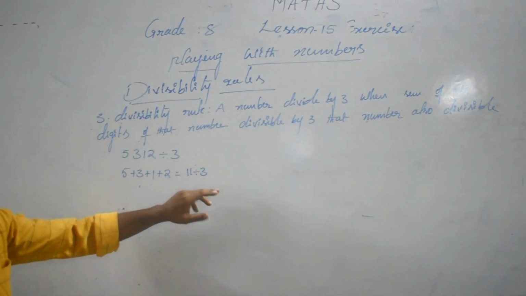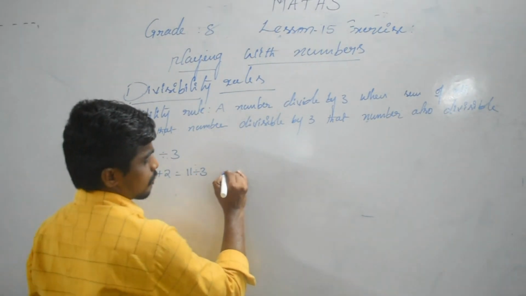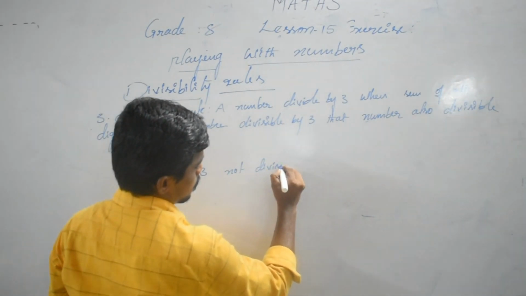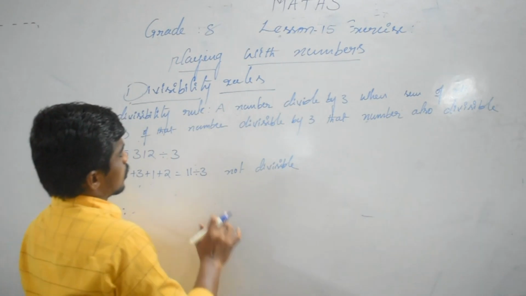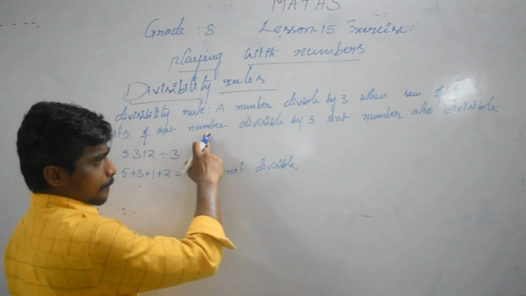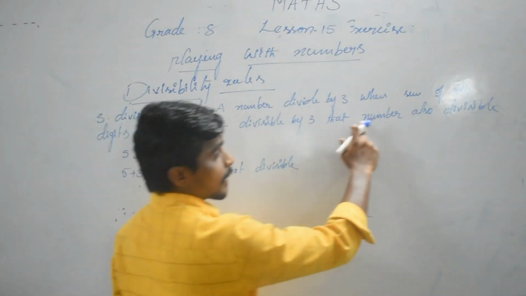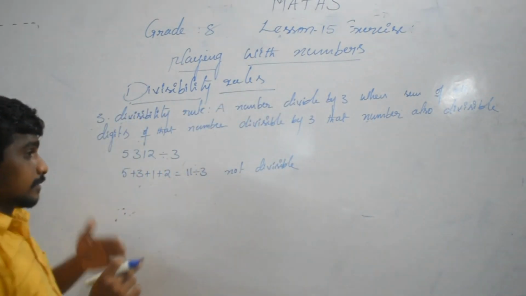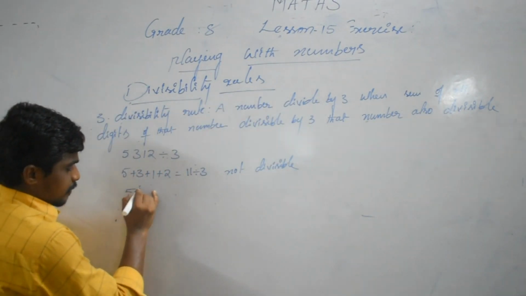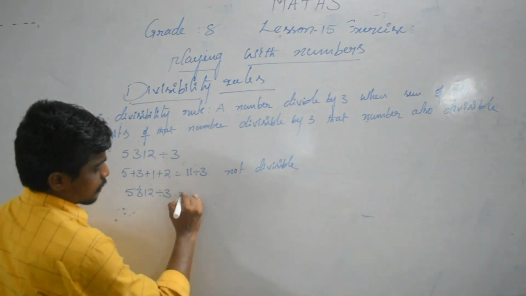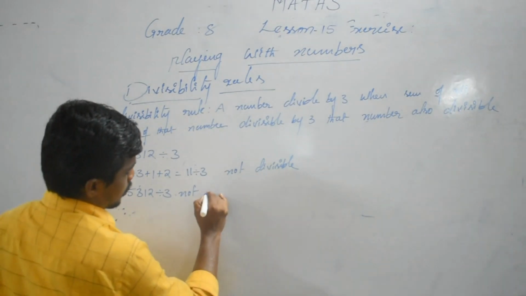Not divisible. So 5312 divided by 3 is not divisible.